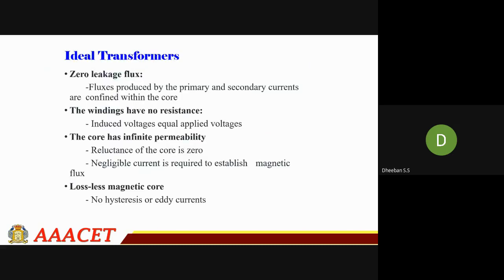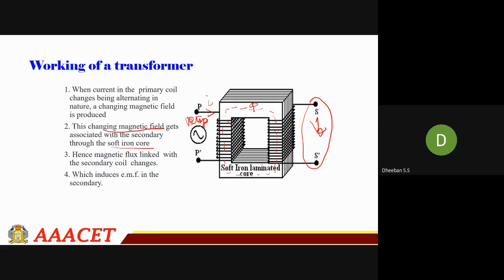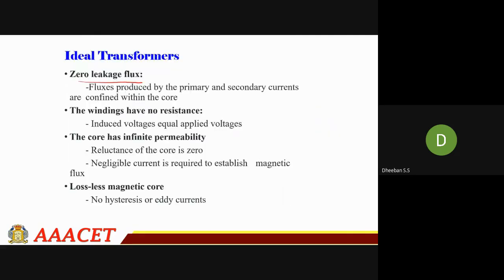You have to know about the ideal transformer, what a theoretically ideal transformer looks like, but in practical cases, these things are not possible. Okay. So zero leakage flux: there shouldn't be any leakage of flux from primary to secondary, but in general it is not possible.